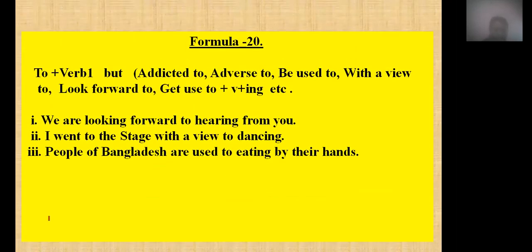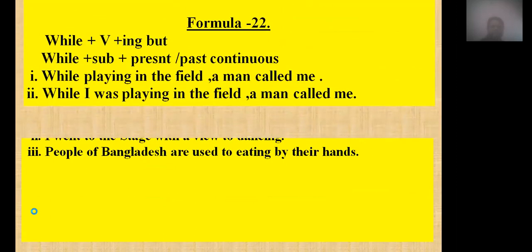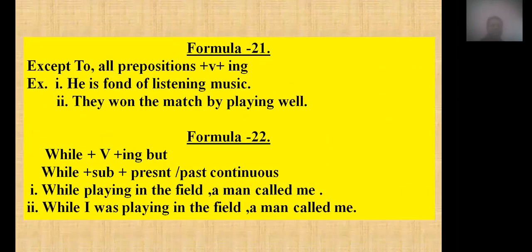Now formula 20. We know after to, the verb will be present, but this is the same rule. Already I have discussed these rules. Now 21: except to, after all prepositions the verb will be in ing form.